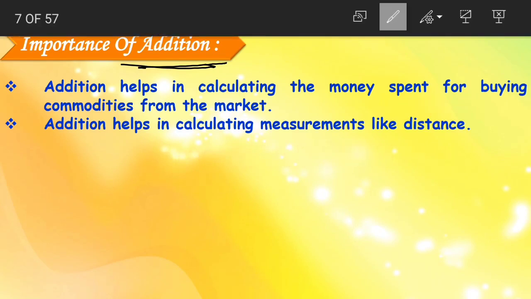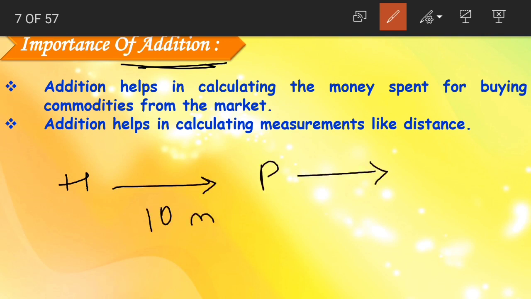calculating measurements like distance. If I say the distance between my home and the park is 10 meters, and then from the park to school it is another 5 meters, how will I know the total distance from my house to the school?